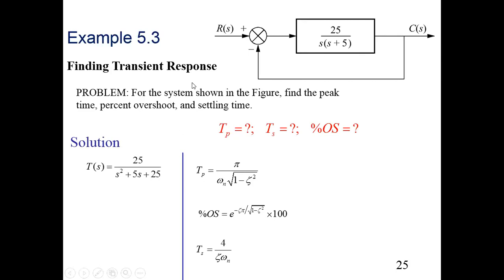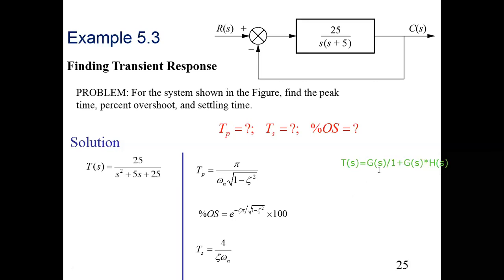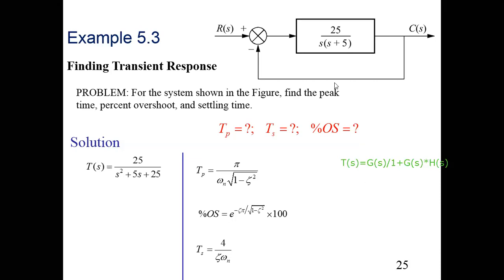The formula is T of S equal to G of S divided by 1 plus G of S multiplied with H of S. Here G of S is equal to 25 over S into S plus 5, and H of S is equal to 1.